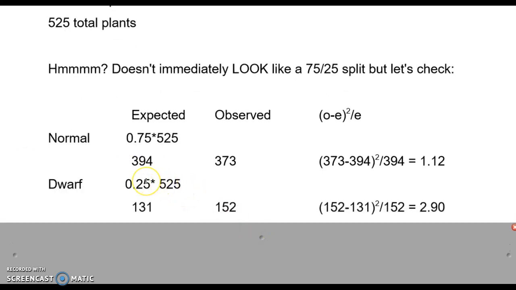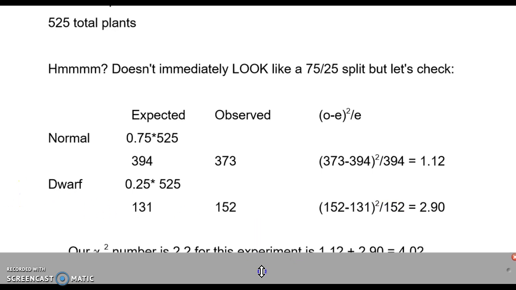Well, it's going to be 25% of 525. That calculates out to 131. And we wound up with 21 more, not surprisingly. We were 21 shy here, so 21 on the plus side here. Again, we square that, we get something like 441, and we divide by 131 to get a chi-square contribution of 2.90. So we're just about at the point where we can calculate our chi-square number.